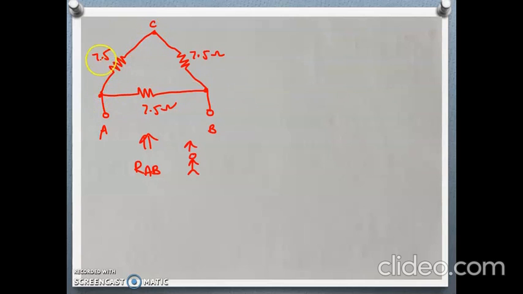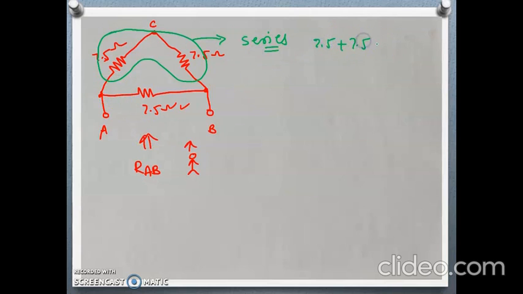So this 7.5 ohm will remain as it is, and the combination of this 7.5 and this 7.5 are connected in series. For series, there will be a summation: 7.5 plus 7.5 will be 15 ohm.